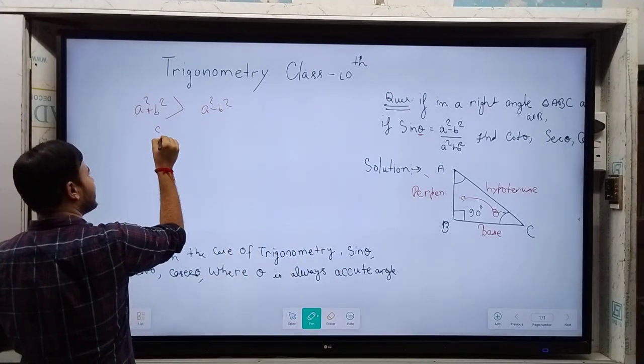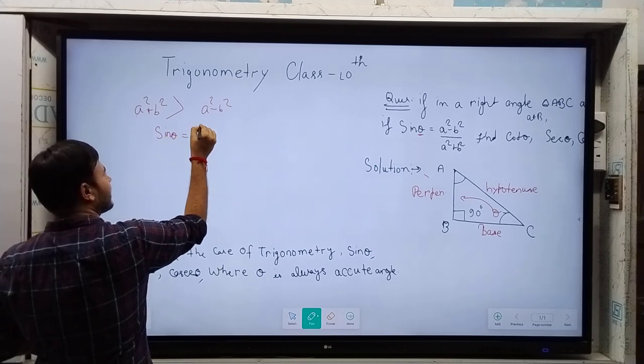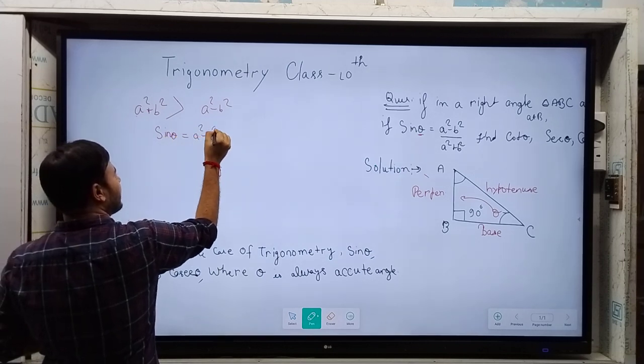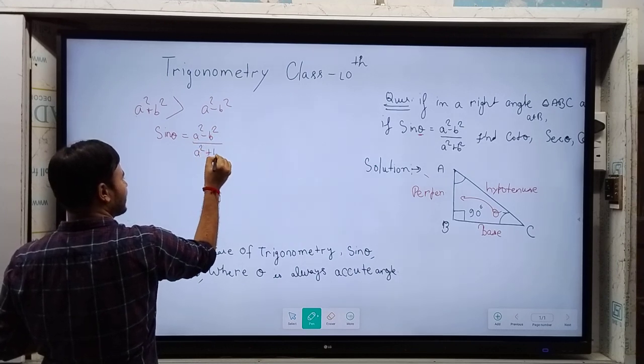Now we write first sin theta is a square minus b square upon a square plus b square.